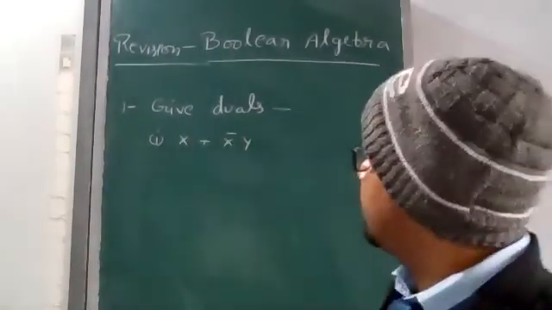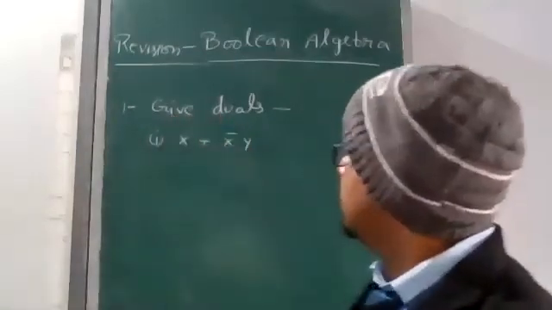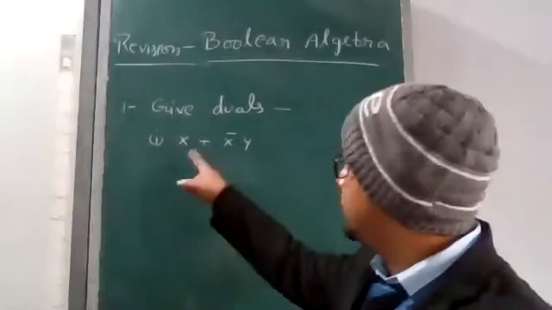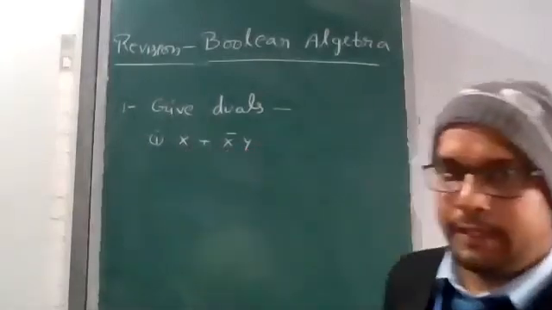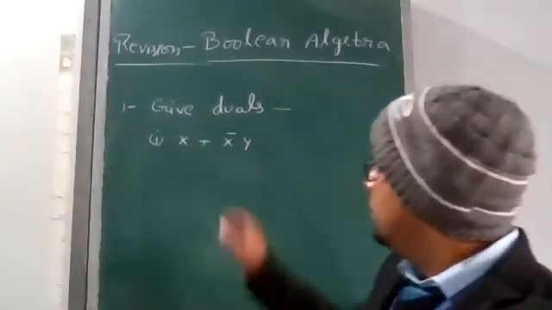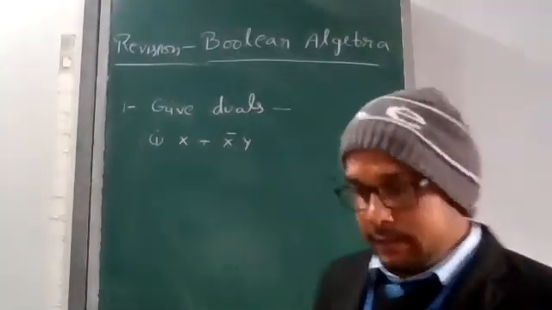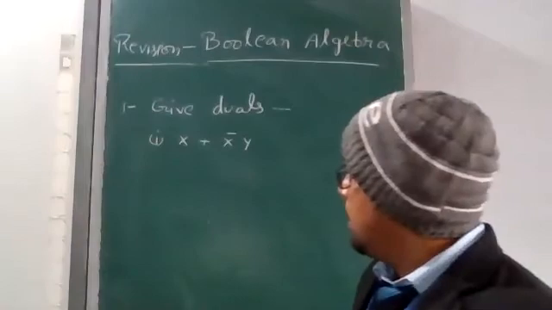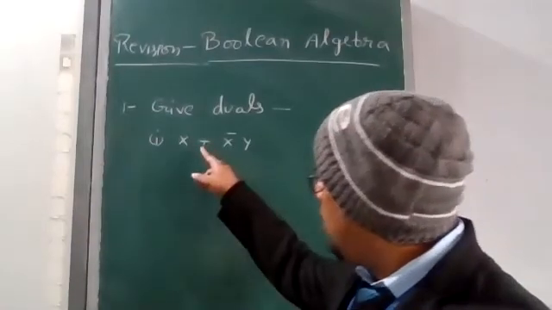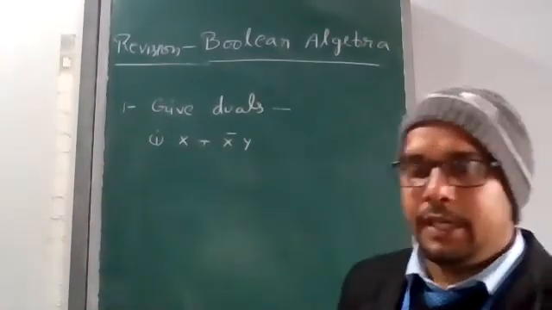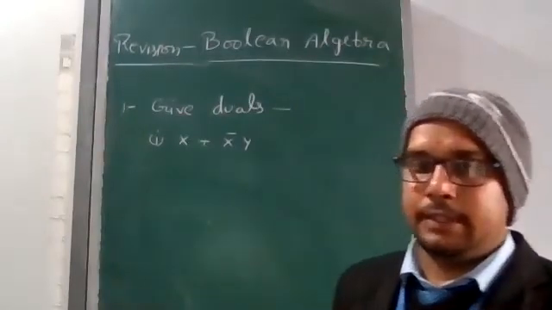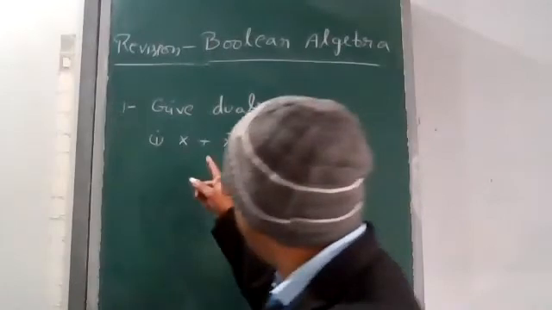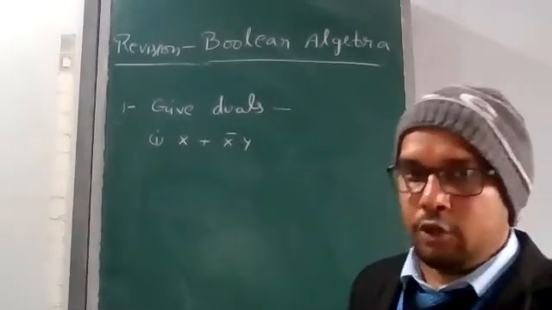So first question I have taken here, give duals of this expression x plus x complement y. Now, there are 3 points in the dual. One is each OR sign change to AND sign, means each plus sign you have to change with AND sign, means dot.